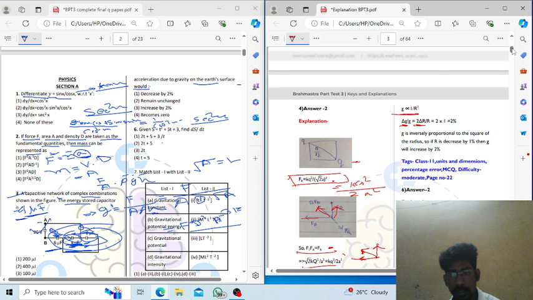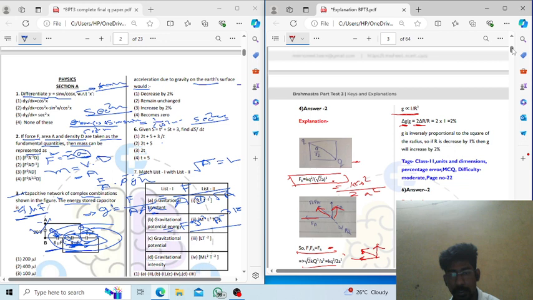If you know this, in calculating the error, whether the relation between two things is directly or inversely proportional doesn't affect the calculation. What affects the calculation is the exponent, whether it is a cube, a square, or a fourth power. So here the power of r is 2.